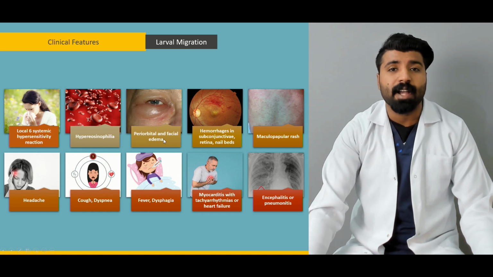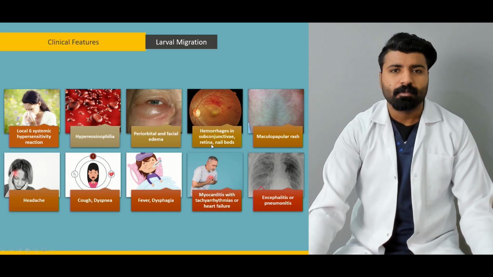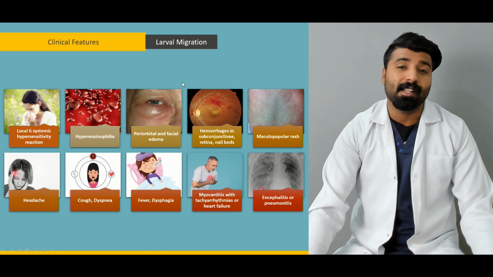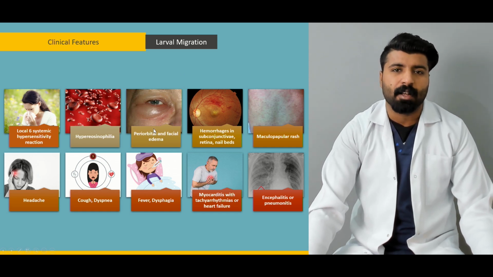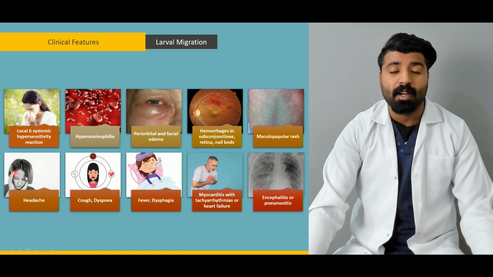If it goes into your eyes, you're going to have hemorrhages in the subconjunctiva and retina, as well as nail beds. With periorbital and facial edema, either they have infested this area, or you are having these symptoms because of hypersensitivity reactions. If it's migrated towards your head, you're going to have diffuse lesions and headaches. If it's migrated towards your lungs, you're going to have cough, dyspnea, encephalitis, and pneumonitis.